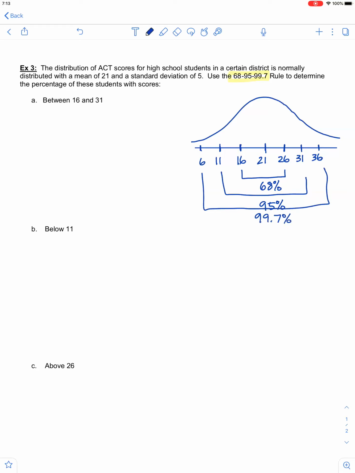Something else to mention is half the data is to the right, half the data is to the left of that 21. That's in the center there. 50% on the left, 50% on the right. So those are just things to keep in mind as you work through any of these, is having a general idea of what the rule actually is saying.